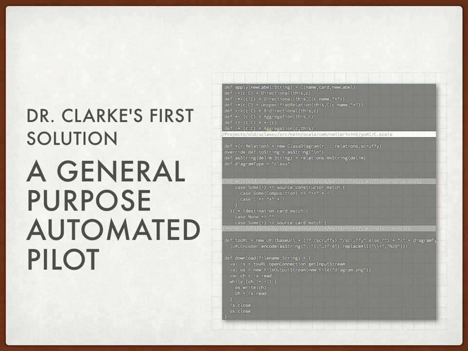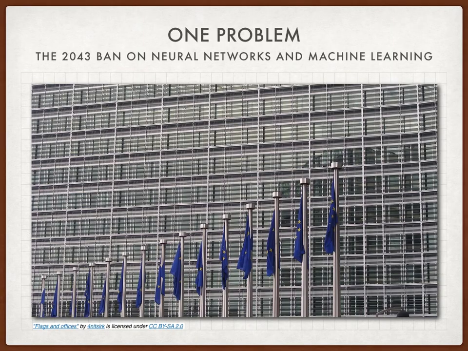So he turned to quite an unusual solution. He thought that a neural network-based machine learning algorithm might be able to do this, but of course, as you all remember, in 2043, neural network-based machine learning algorithms were banned, due to their inherent unpredictability, their inherent biases, and all the problems that are wrapped up in there. They're no longer allowed in general use.